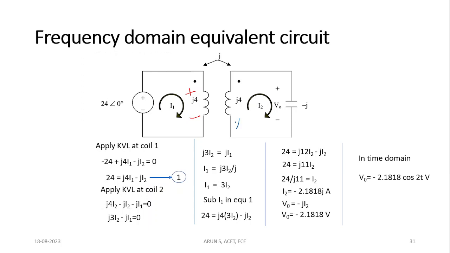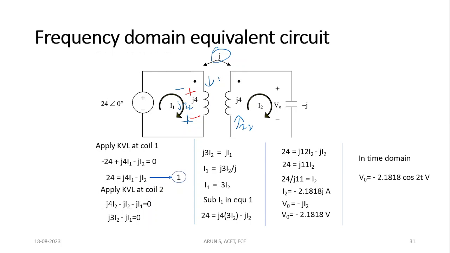The current I2 is entering the undotted terminal, so the generated voltage positive will be at undotted and negative at dotted. These blue polarities are for the mutually induced voltage, the current is I2 and the mutual inductance is J, so J I2.